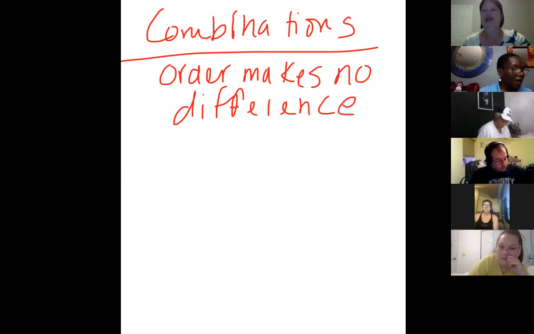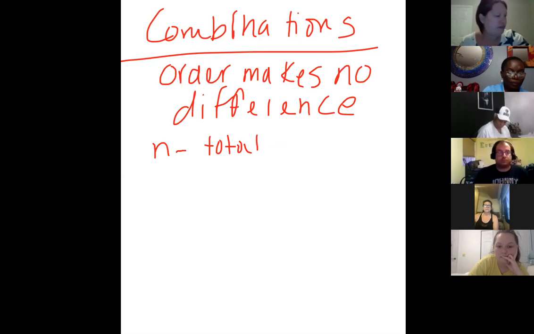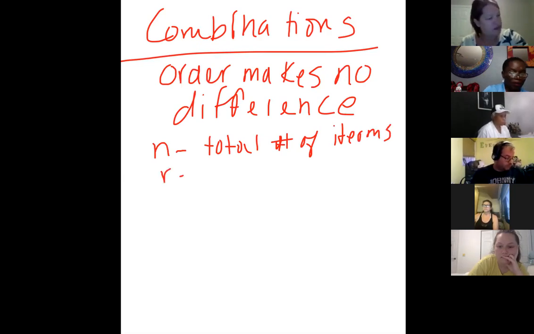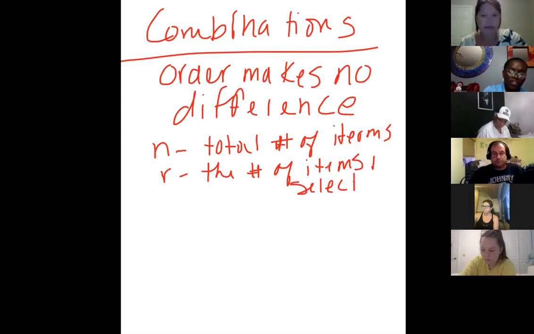So when we talk about the combination, again, using the same types of variables, N is the total number of items. And then R represents the number of items selected. And then for this one, you want to use C for combination.